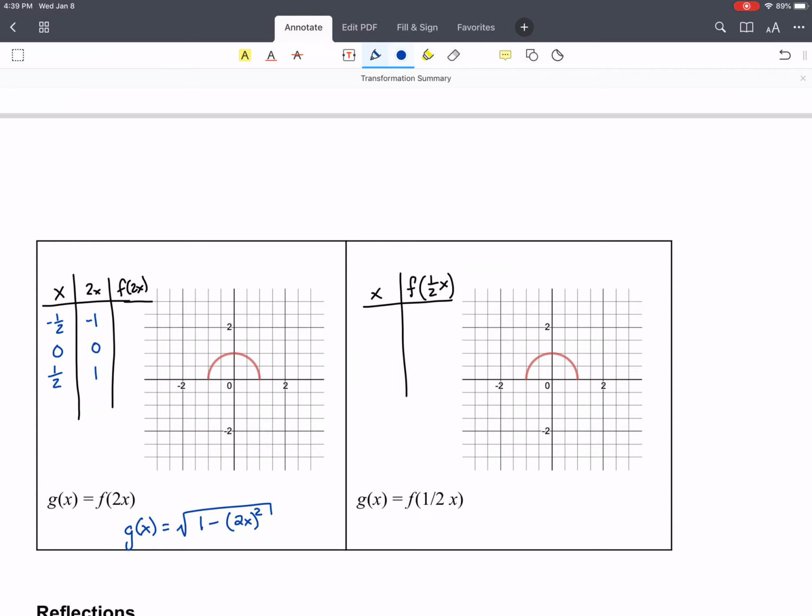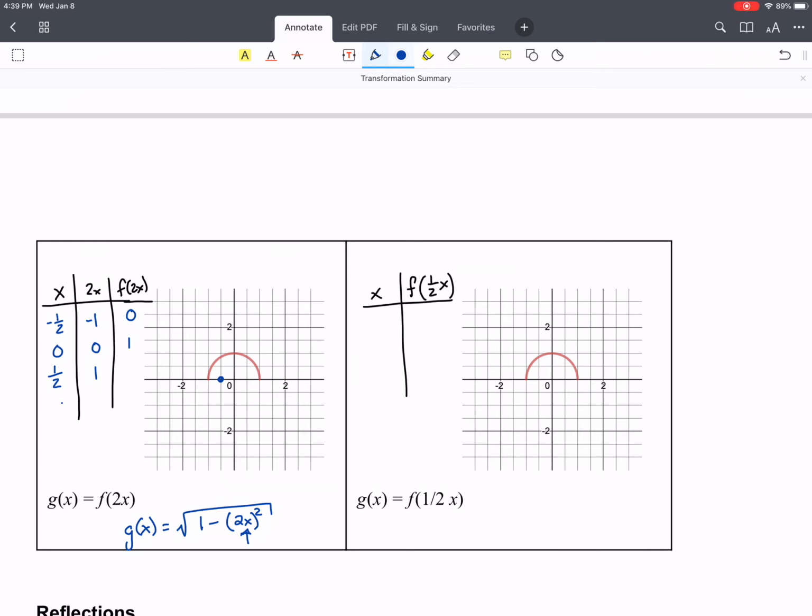And so when I plug in negative 1/2 for x into g, then when I multiply it by 2, I'll get negative 1. When I square it, I'll get 1. Then I'll do 1 minus 1 and get 0 under the square root and get 0 like I did before with f of x. But now that's happening when x is negative 1/2. When I plug in 0 for x, I still get 1.